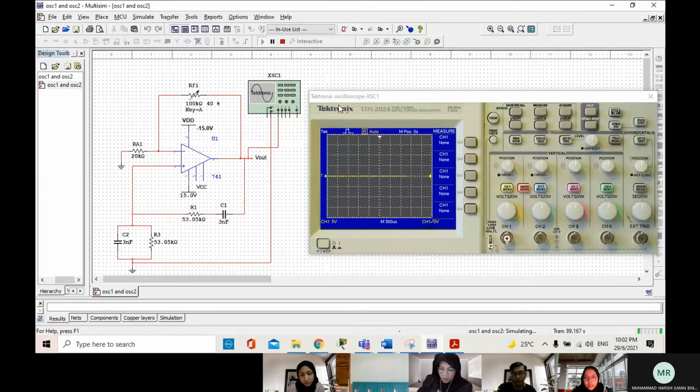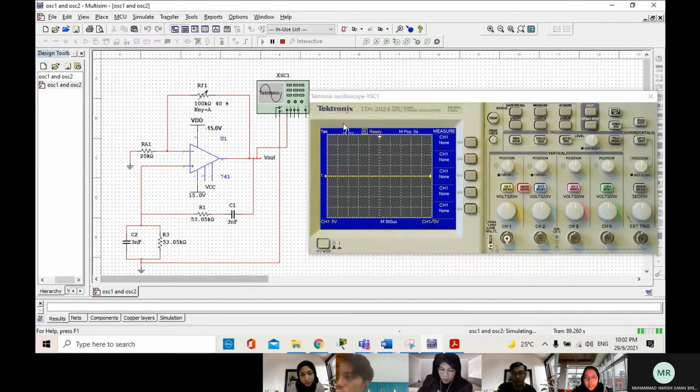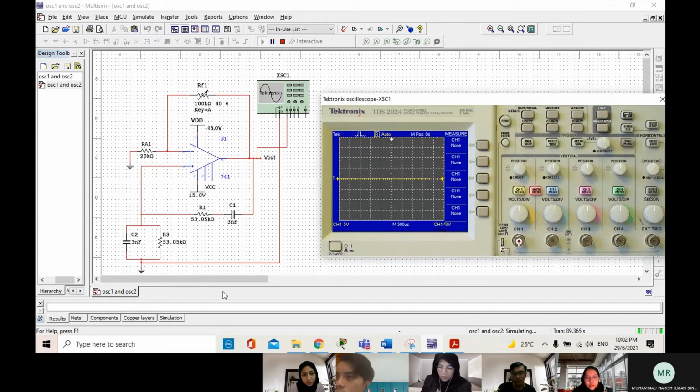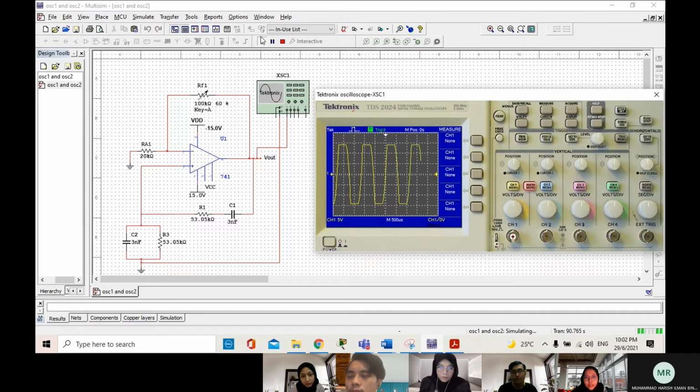So this is the oscillator 1 that we constructed, and we apply the capacitor value 3 nanofarad and the resistor that we calculated before, 53.05k, and we set RA to 20k, and this is the ideal resistance at the feedback resistor.